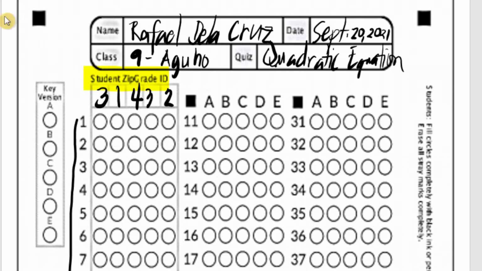For example, we have here 3. So we are going to shade the 3 here, like this.